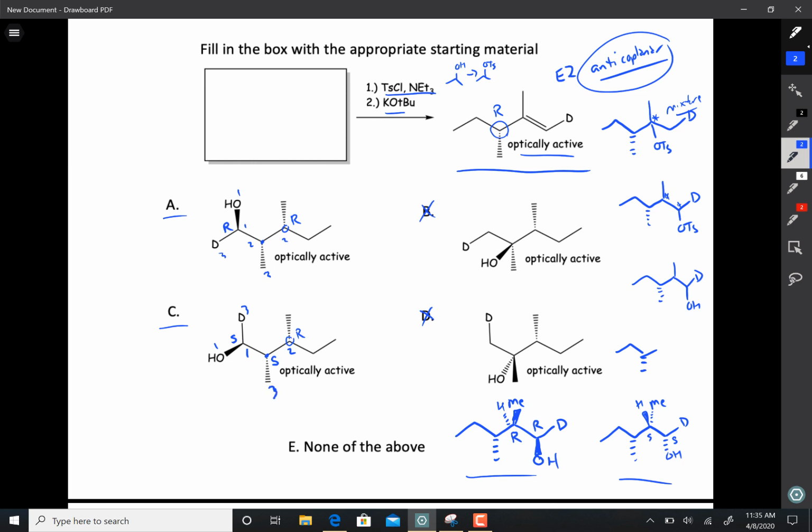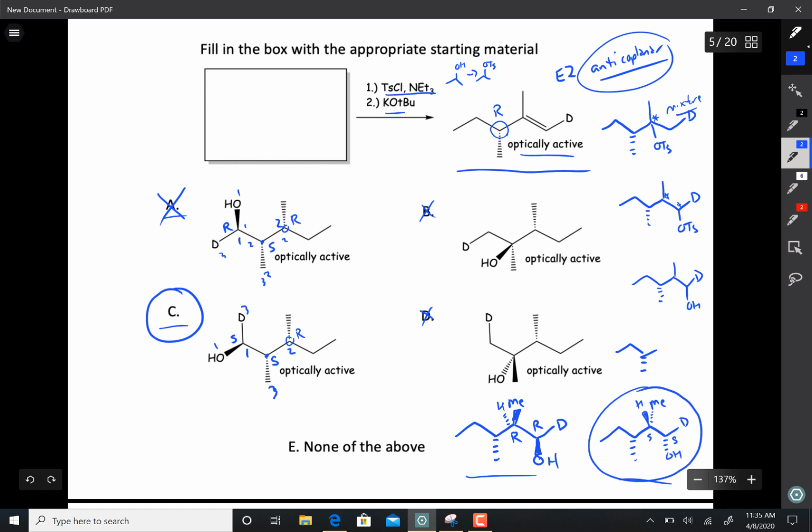Hand goes up. That's S. 1, 2, 3. Hand goes up. That's also S. Sorry, that should be R, S. That doesn't match. This one's SS. That one does match. So easy to make a mistake. But that is the product.